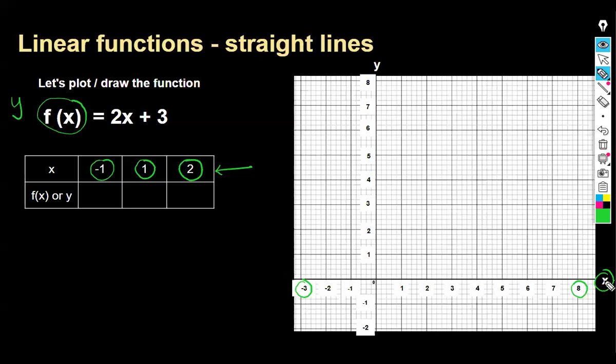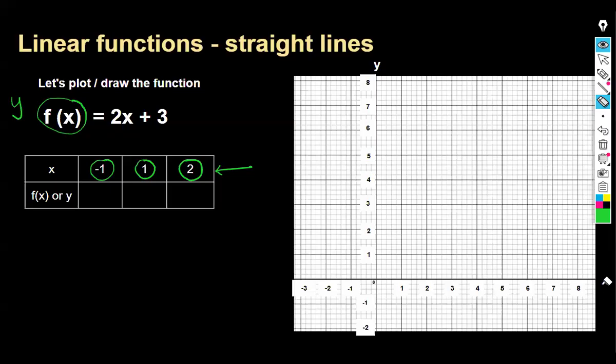If I choose 11 or 12, how is it going to fit on my graph paper? So I use my common sense and I said, hey, my graph going from -3 to 8, I'm going to choose -1, 1, and 2, because I know -1, 1, and 2 could fit on my x-axis. Common sense, okay?